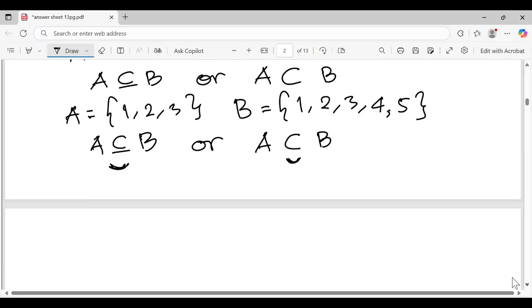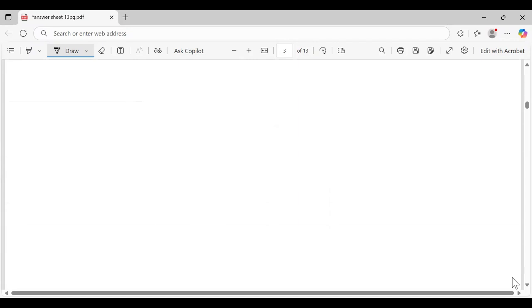Let's continue with unions. The union of two sets A and B is A union B. So this is the symbol of union.